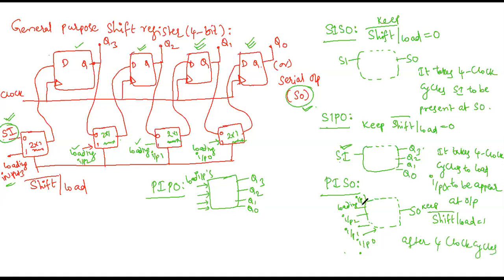In the previous case, 4 clock cycles were needed for loaded values to come outside at the serial output.